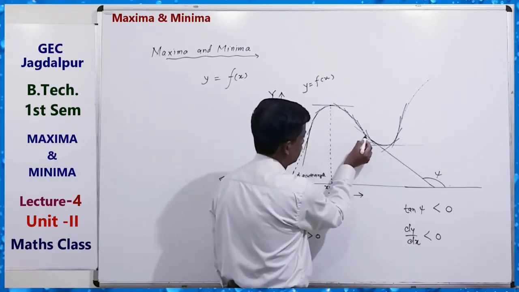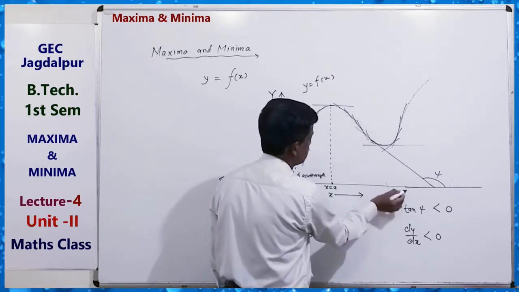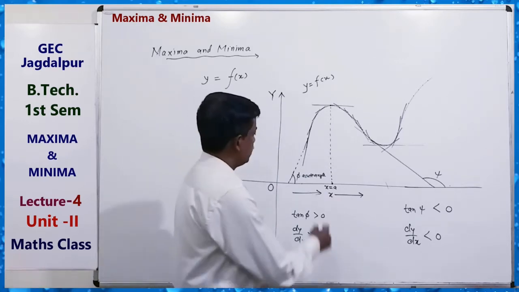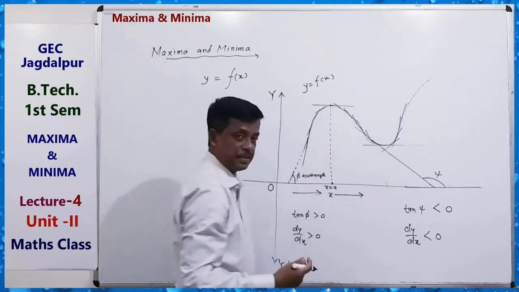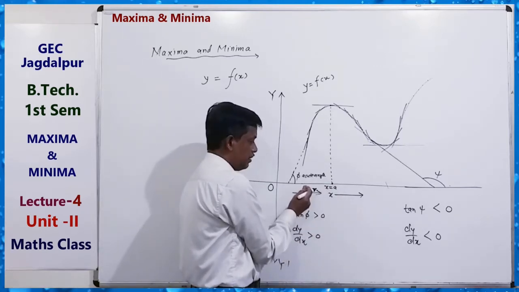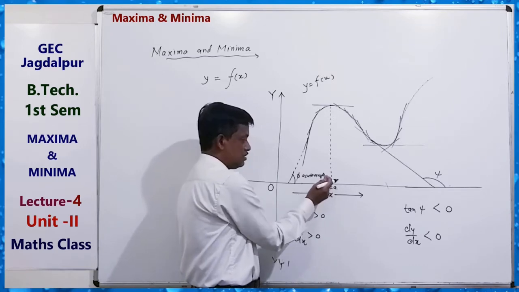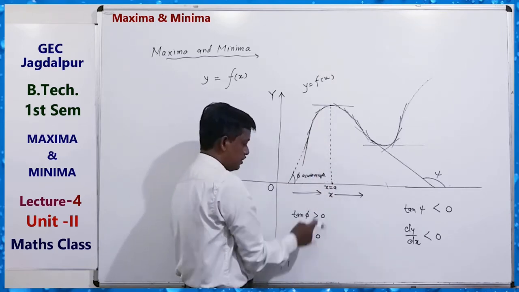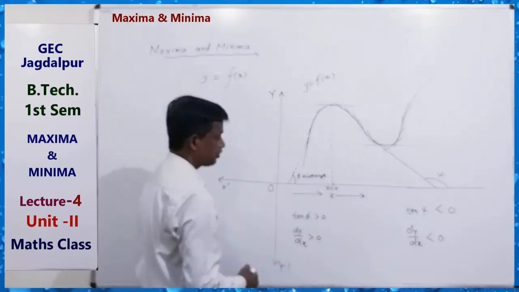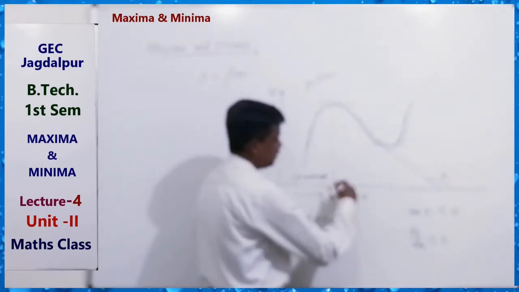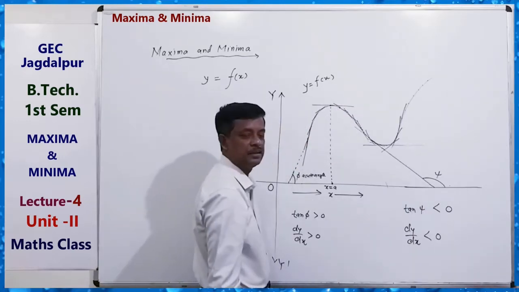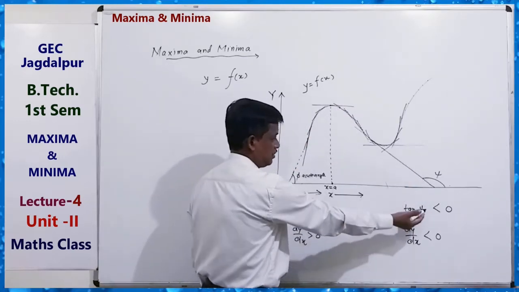Also for this tangent, and this tangent. So here we see that for points slightly less than a, the derivative is greater than 0, that is positive. And for points slightly greater than a, the tangents make an obtuse angle.